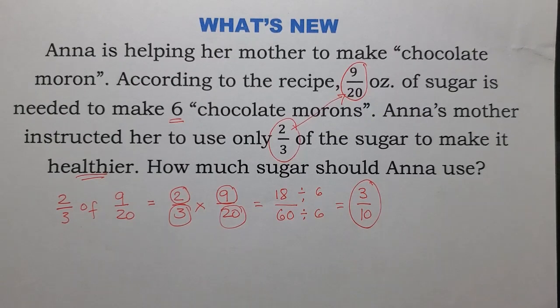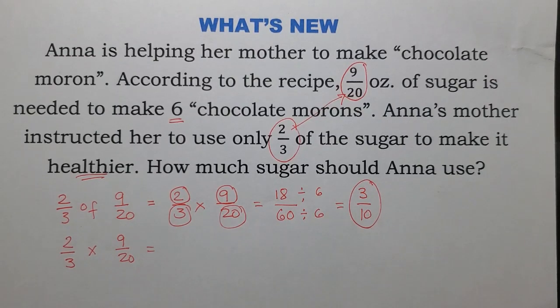Now, how about if you are asked to multiply 2/3 of 9/20th, just do it mentally without actual calculation. How will you do that one? So in multiplication of fractions, we are also considering some techniques in order to make our multiplication easier.